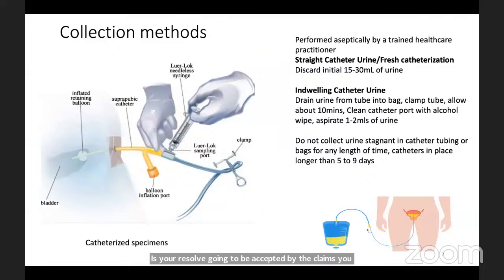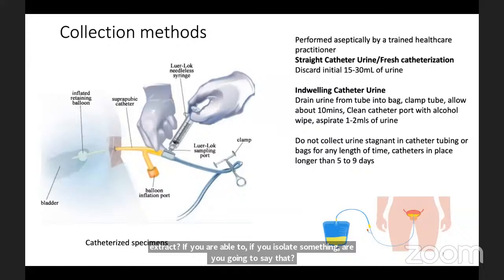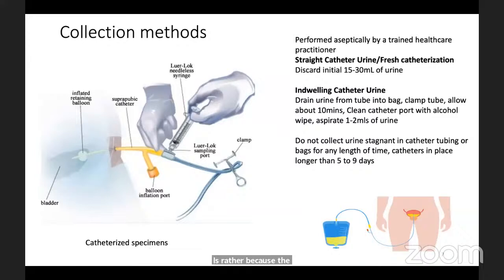Was your preparation of the crude herb done in accordance with GMP, the good manufacturing practices? Are you just going to pound it and squeeze so that you now have your crude extract? Are you going to talk about sterility of your crude extract? If you isolate something, are you going to say that it's because the bacteria is resistant to the herb, or you had contamination in your herb preparation?